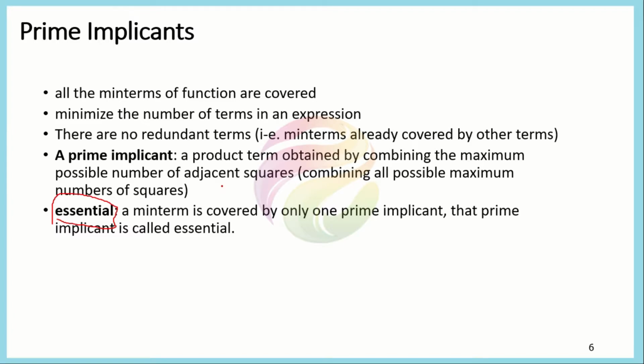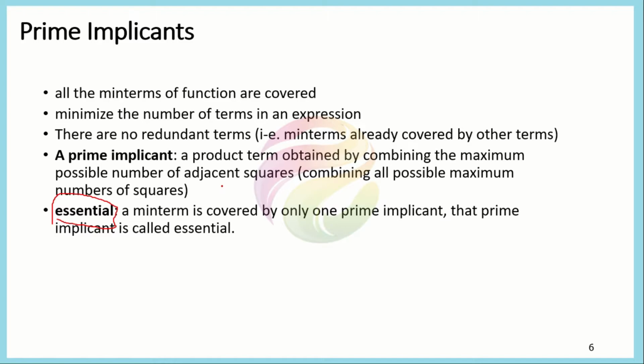The prime implicants of a function can be obtained from the map by combining all the possible maximum numbers of squares, meaning that a single 1 on a map represents a prime implicant if it is not adjacent to any other 1. Or you can say that two adjacent ones form a prime implicant, provided that they are not within a group of four adjacent squares. Four adjacent ones form a prime implicant if they are not within a group of eight adjacent squares, and similarly so on.